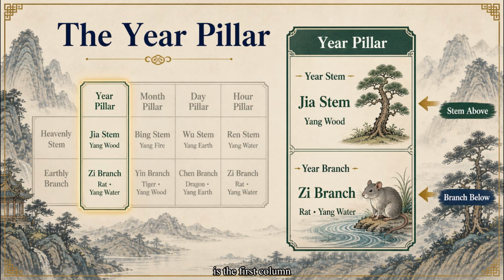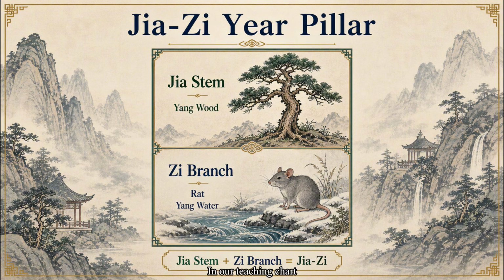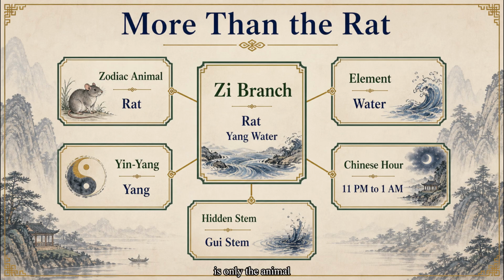The year pillar is the first column, with the year stem above and the year branch below. In our teaching chart, the year pillar is Jiazi. Jia is young wood, and Zi is young water, associated with the rat. The rat is only the animal representation of the Zi branch, not the branch's complete meaning.